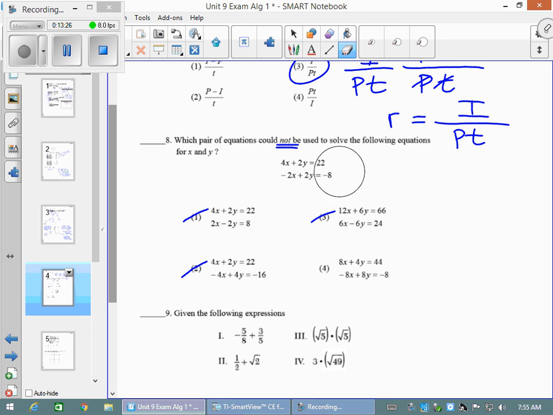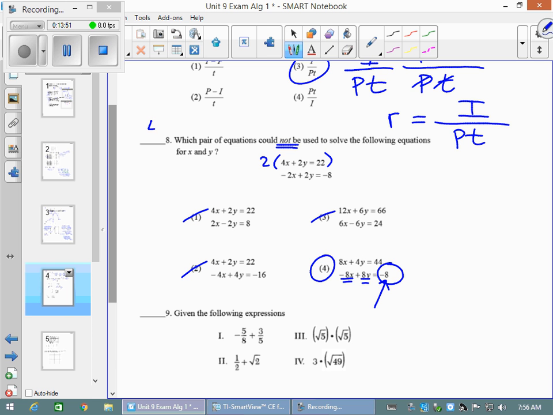Choice 4, the first equation could be found by taking the original top equation and multiplying through by 2. At first glance, it looks like they tried to multiply the bottom equation by positive 4. The -8x is multiplied by positive 4, as is the 8y, but the -8 is incorrect. That would have been a -32 if they had correctly multiplied through by 4.